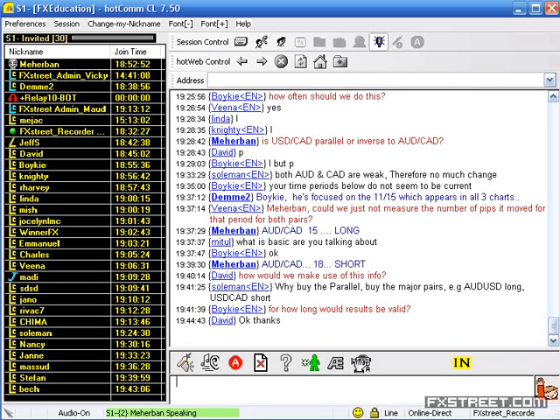So rather than going 10 lots short on Aussie USD, you could go 5 lots short on Aussie USD and go 1 lot on the others, or you can increase your bet on these. So my point here is, when you start looking at parallel inverse pairs, a lot of other horizons, a lot of other opportunities start opening up. But the key, at least in my mind, is a lot of it has to do with the US dollar. That's why I call them the majors, those 7 pairs. I hope that answered your question.